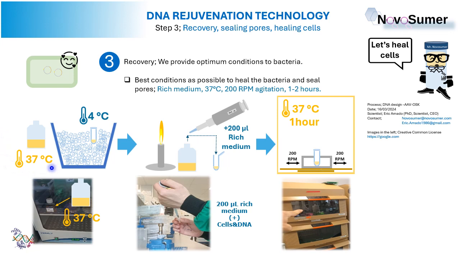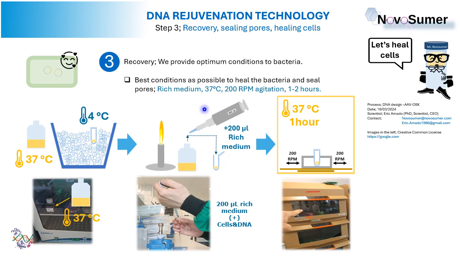This rich medium is pre-warmed, as you can see here, in a warming chamber, at 37 Celsius degrees. So we have everything that we need now. We have the cells with the DNA inside, and we have the pre-warmed medium. What do we have to do? Just mix them together in a sterile environment.